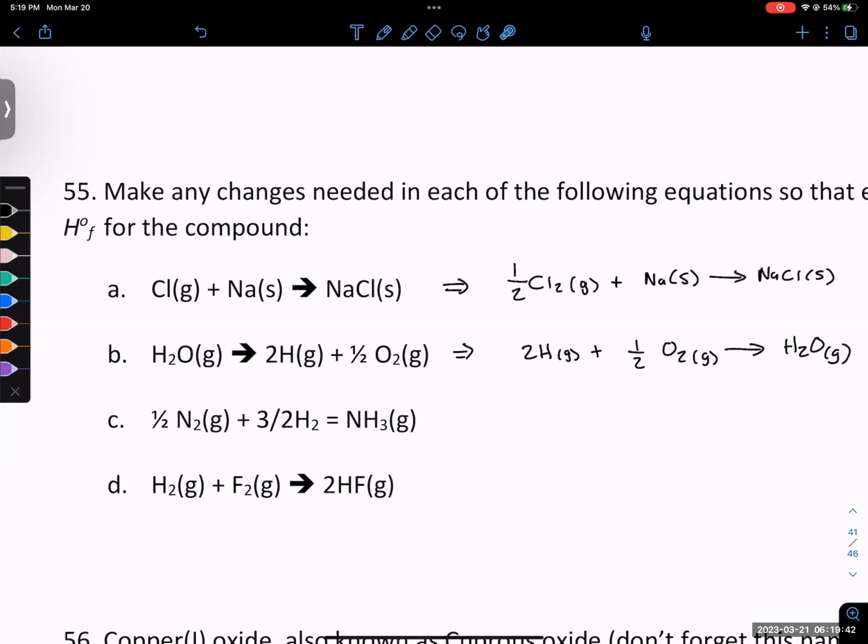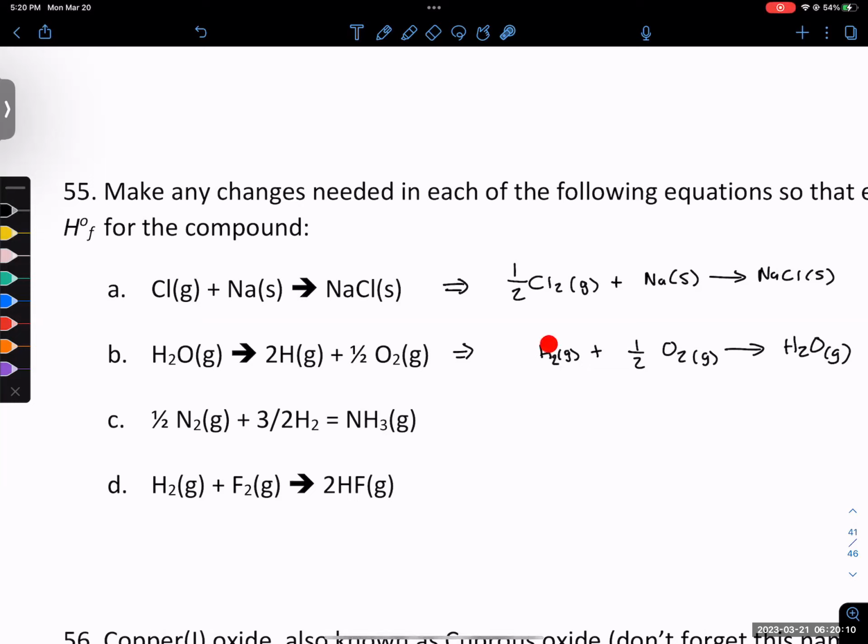Hydrogen and oxygen would be the things that go into making water from its elemental form. So we want 1 mole of water, and we need everything on the reactant side to be in its elemental form. One person mentioned that we need H2. And we put an H2 there, that means we don't need that 2 coefficient anymore.